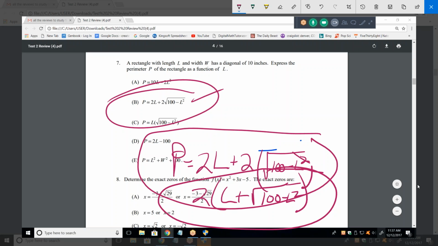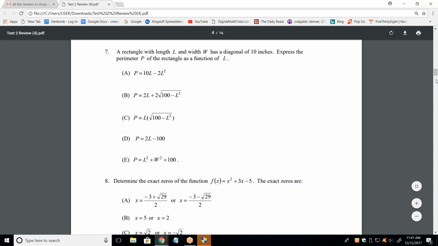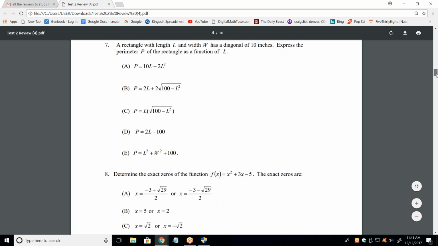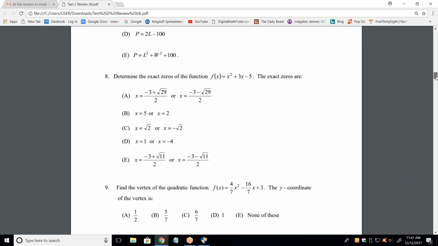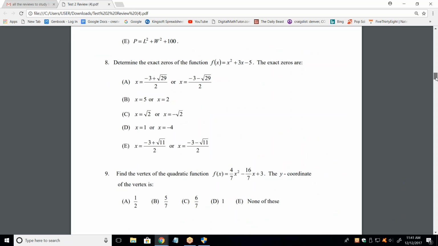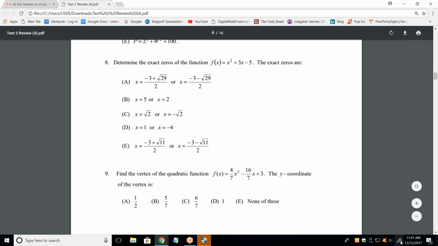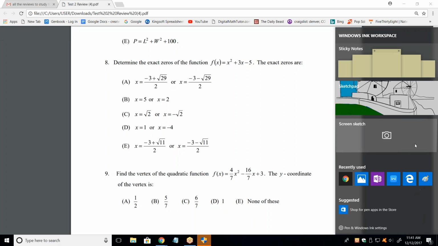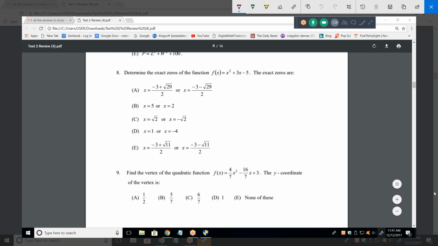And then I would have to recognize that this was the same as this. So sometimes multiple choice makes it harder, not easier. I haven't seen very many of your problems where we could back solve or anything. In other words, we pretty much have to solve the problem outright and then see if we find the solution.